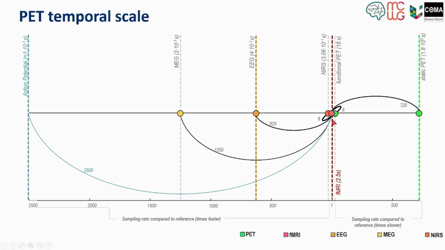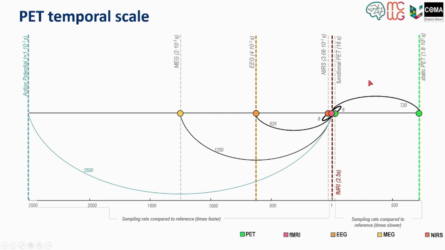For fMRI, I consider a resolution of 2.5 seconds, because more or less that is the time it takes to acquire a volume of the full brain, all slices. And this is 2,500 times slower compared to an action potential that more or less can be sent in 1 millisecond. MEG and EEG are, of course, much faster. And with PET, we are much slower.